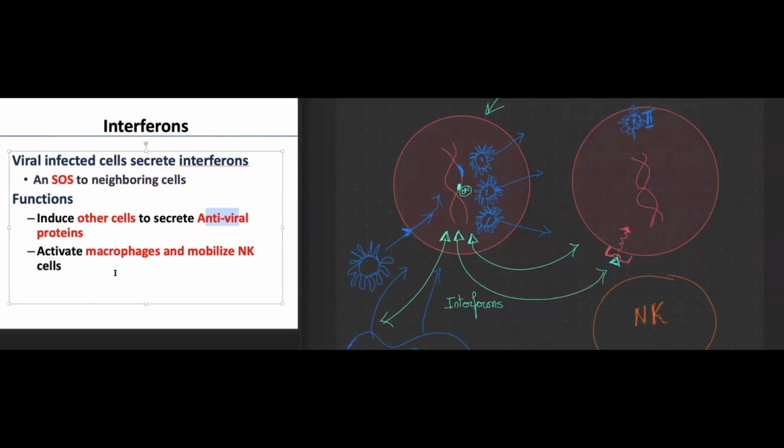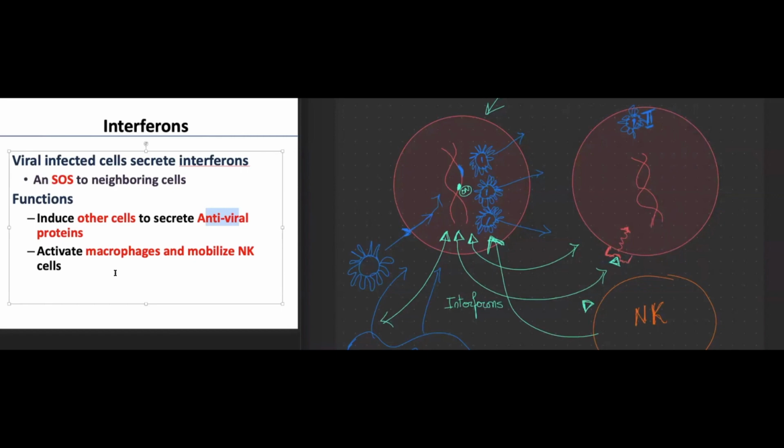And once they see that you are producing interferons, this means that there is something going wrong. So the natural killer cell will come to the infected cell and start to attack and destroy it, along with the internal viral particles.